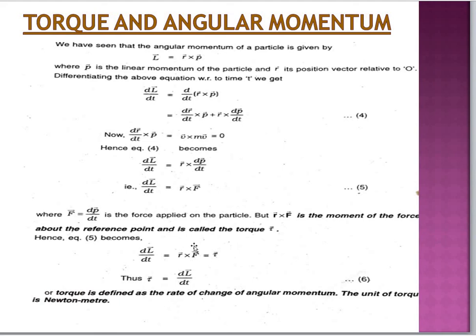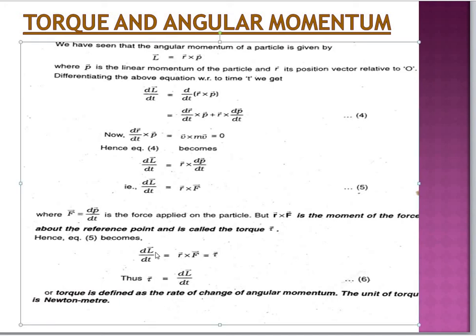So what is r cross F? It is the moment of force, and moment of force is nothing but the torque. So torque is given by dL by dt equal to r cross F. dL by dt, the rate of change of angular momentum, is given by the moment of the force, r cross F. So torque is defined as the rate of change of angular momentum.